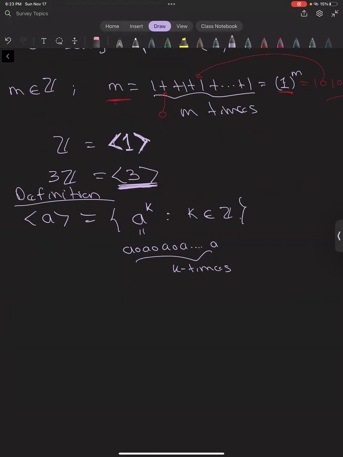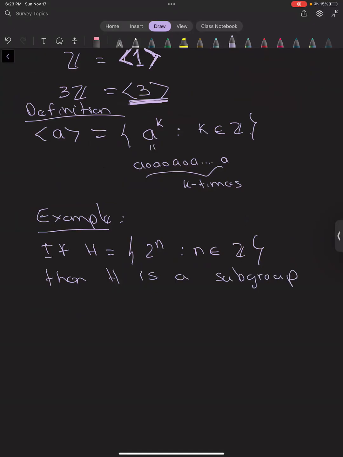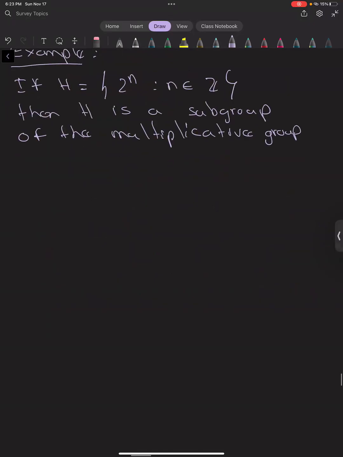Example: if H equals 2 to the n with n in the integers, then H is a subgroup of the multiplicative group of non-zero rational numbers, Q star.